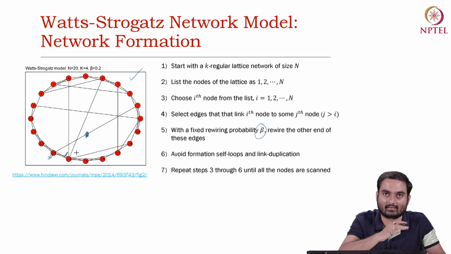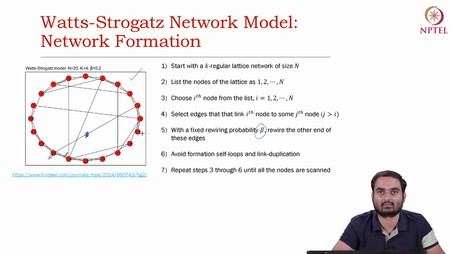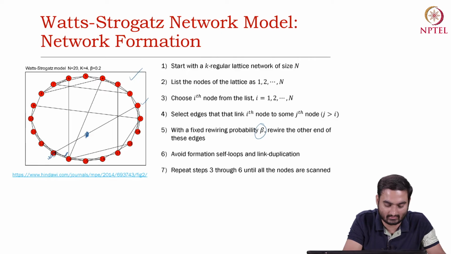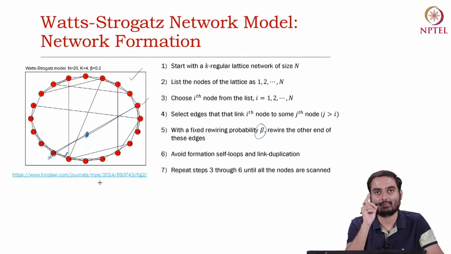You open the connection, you choose one of the remaining nodes present in the graph, again uniformly at random, and then you connect it. For example, you choose node 1 and then you connect 13 with 1, with certain probability beta. And this beta is the same as the probability p that we mentioned in the case of the ER model.